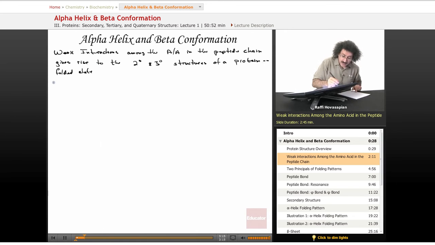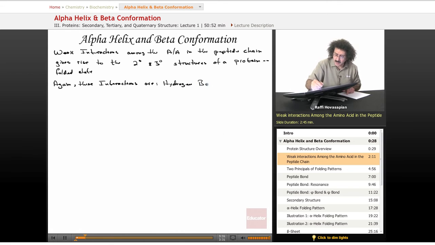Okay, and again, let's go ahead and list these interactions, what we call the weak interactions. You have hydrogen bonding, which is probably the most important. You have hydrophobic interactions, polar interactions, and ionic interactions. Actually, I shouldn't say that one is more important than the other.